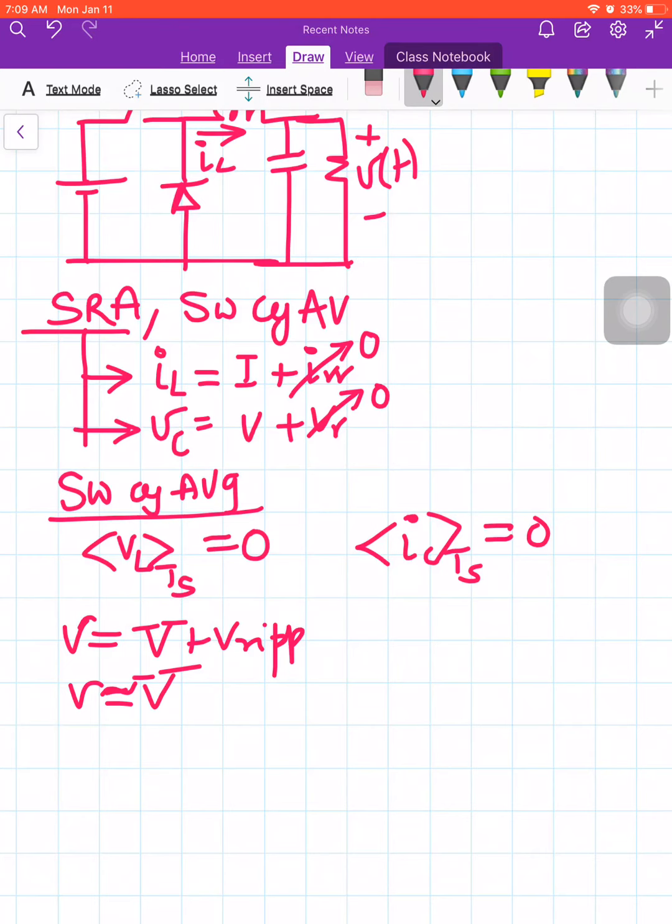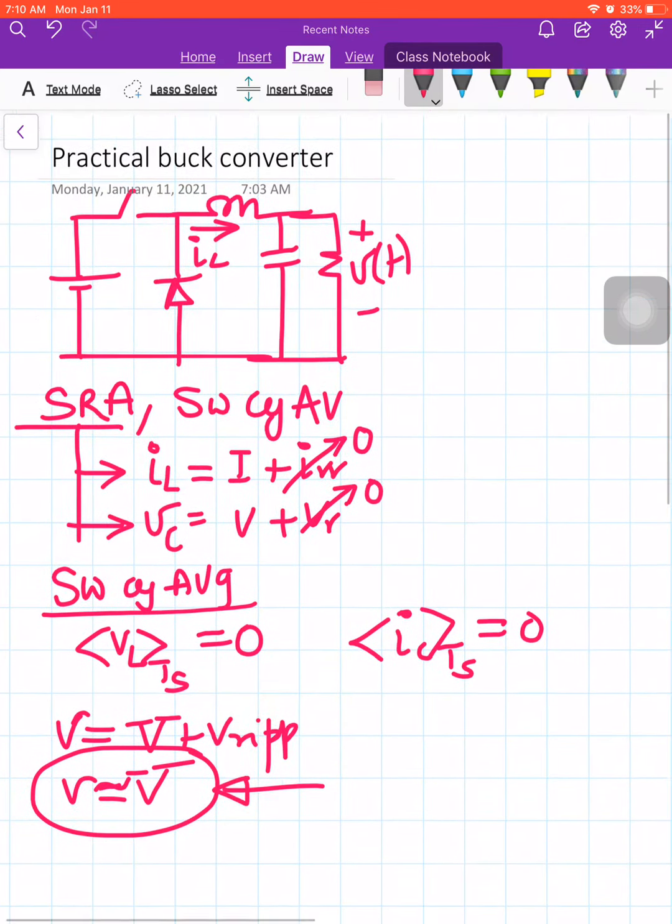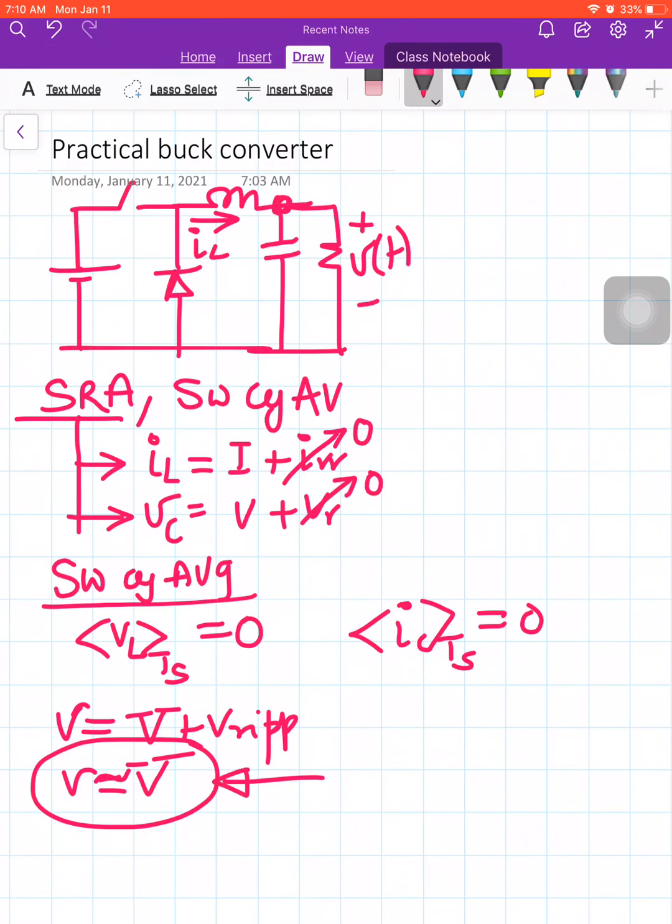To get a feel for this, let us see an actual circuit, to check whether this approximation is correct or not, and in which case it is correct and in which case it is not. Because when we make this approximation, we are saying essentially this node voltage is almost constant, even though there is switch on and switch off.